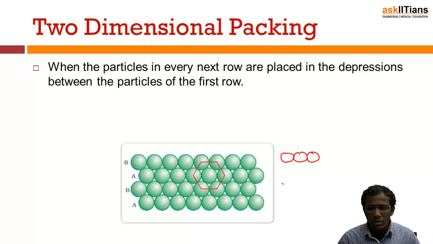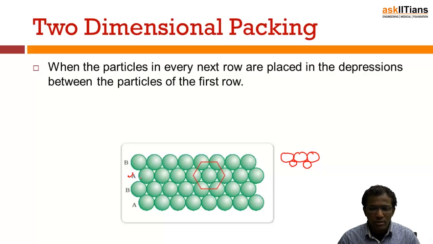Now instead of placing the sphere directly below here, I am placing it here, like this, okay. So this is A. So here I am placing this sphere in the depression of this one, and this one in the depression of this one.